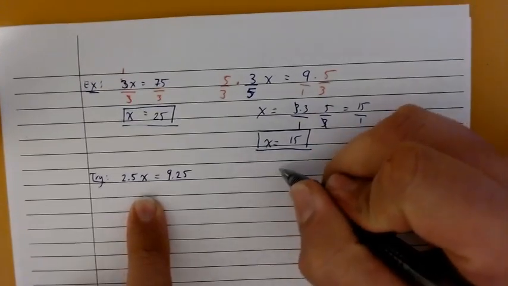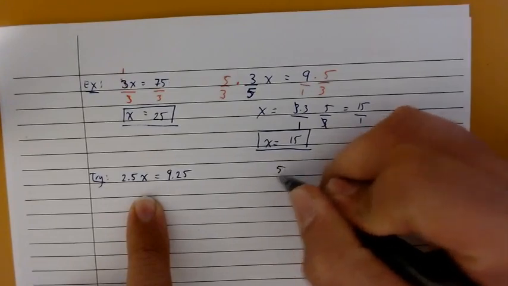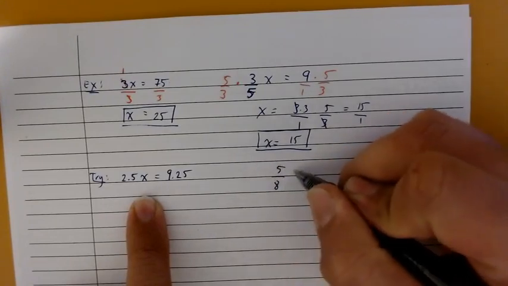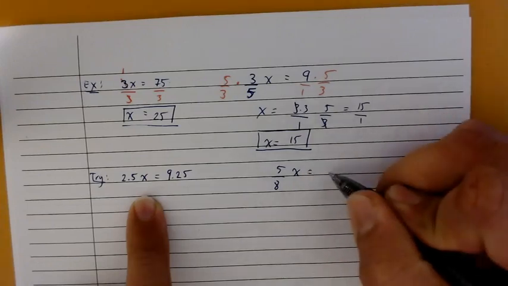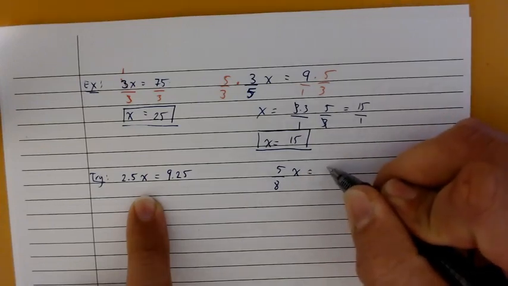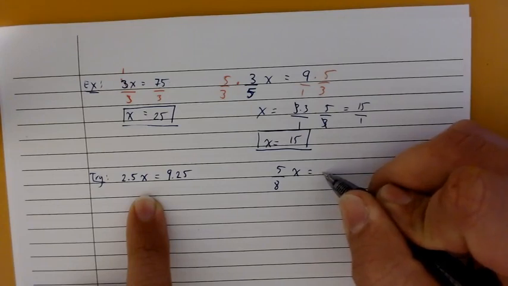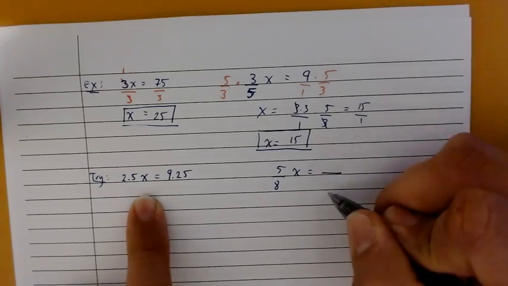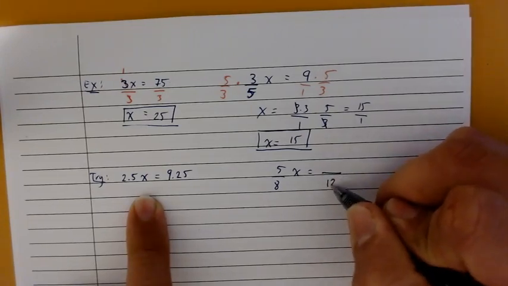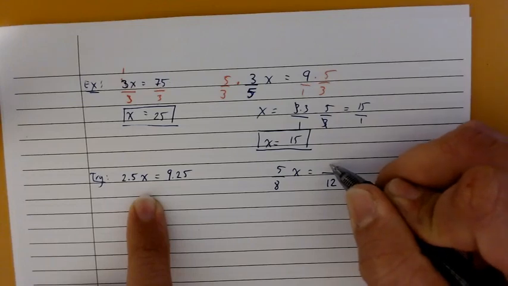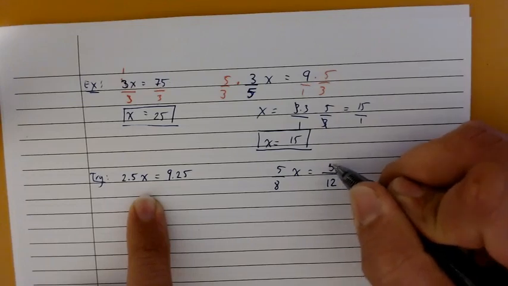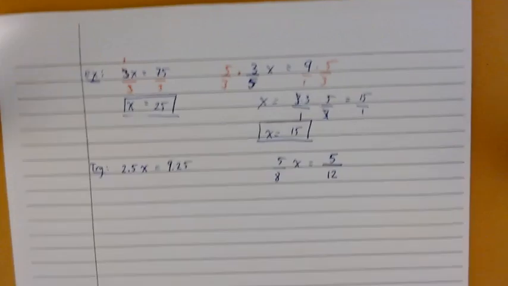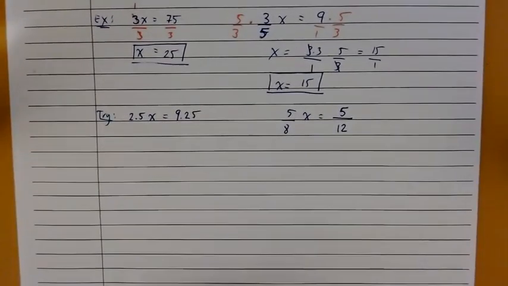Let's have you try, let's say 5/8 x is equal to, let's say 5/12. Right. Give both of those a try. Go ahead and pause the video, and once you have a result, go ahead and unpause and we'll go through it together.